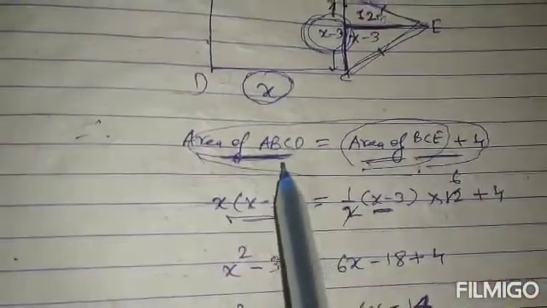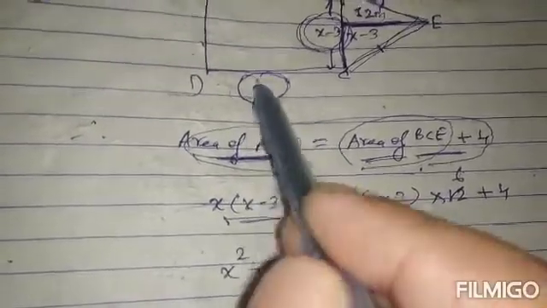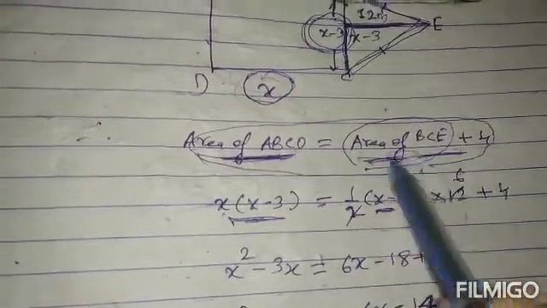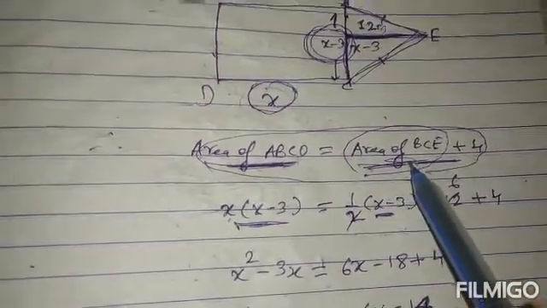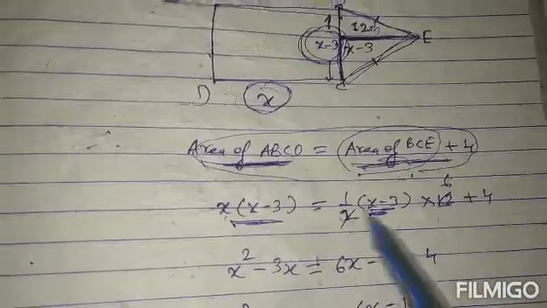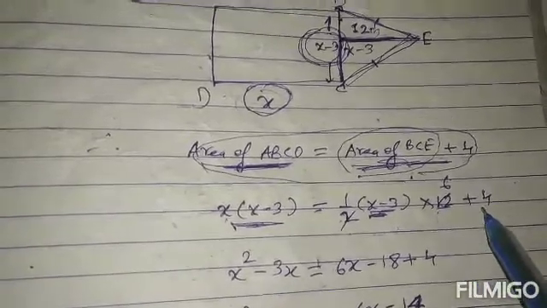We know the formula for the area of a rectangle is length into breadth. Here the length is x and the breadth is x minus 3. Therefore x into (x minus 3) equals the area of the triangle, which is half into base into height. Here the base is x minus 3 and the height is 12. You can write 1 by 2 into (x minus 3) into 12 plus 4.